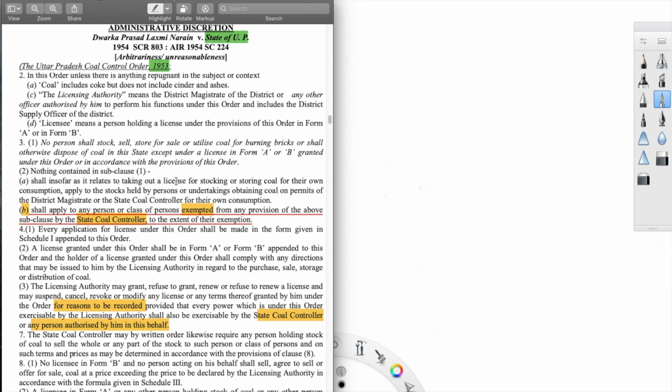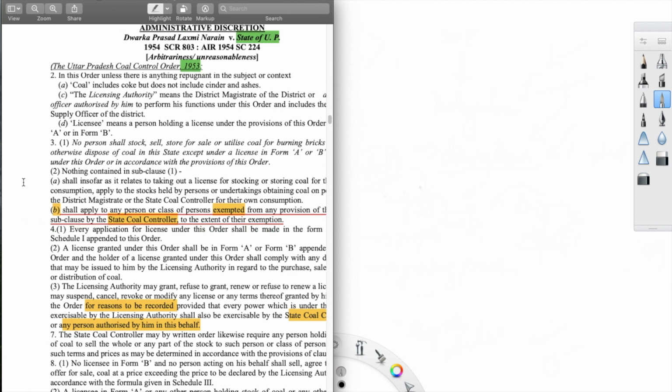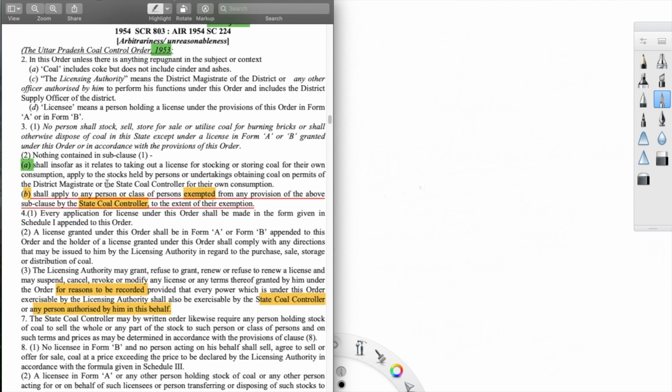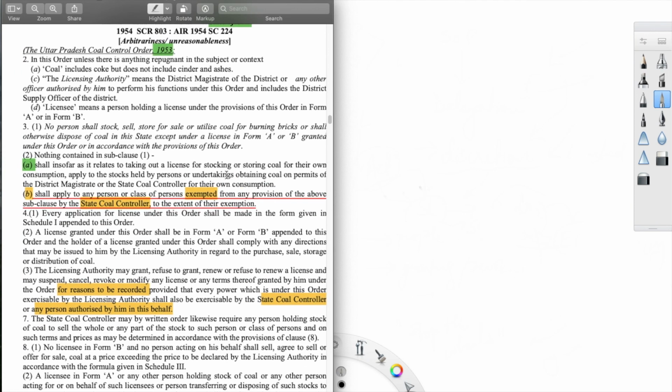Now, there are people who will be exempted from license. For that, see 2A. One of the exemptions is when it relates to own consumption. So, this is a reasonable provision.